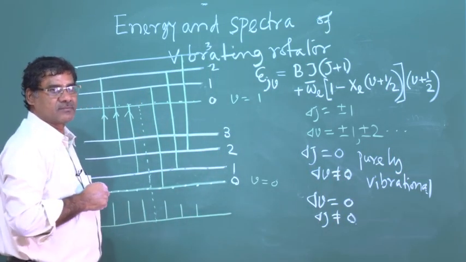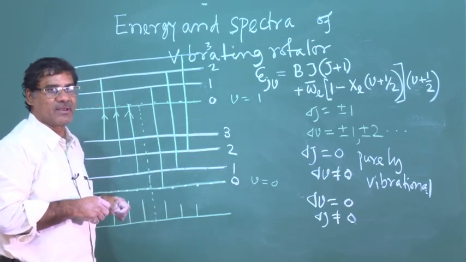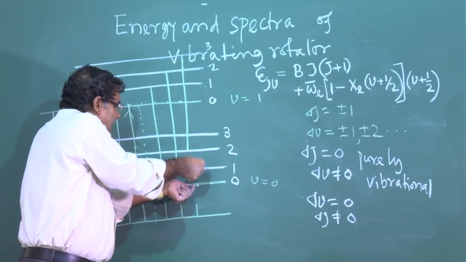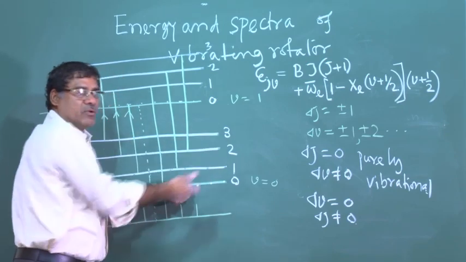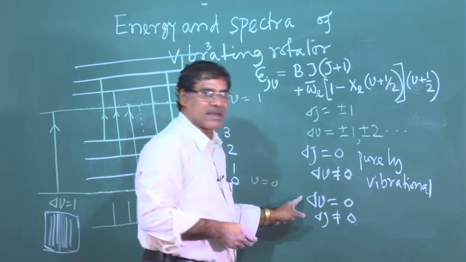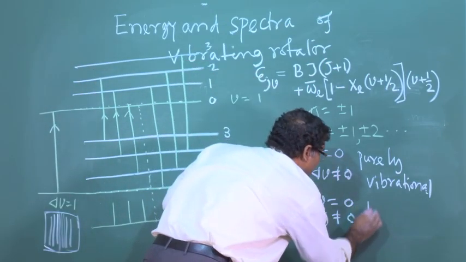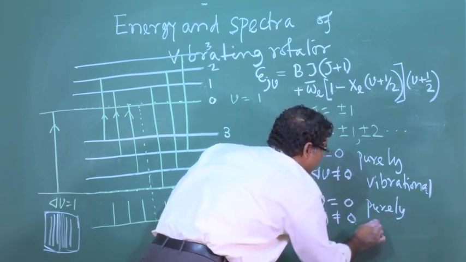Del J equal to plus minus 1, del V equal to 0. That means this transition is allowed, so it will be purely rotational.